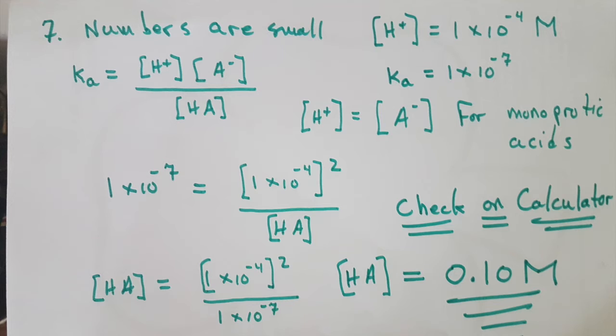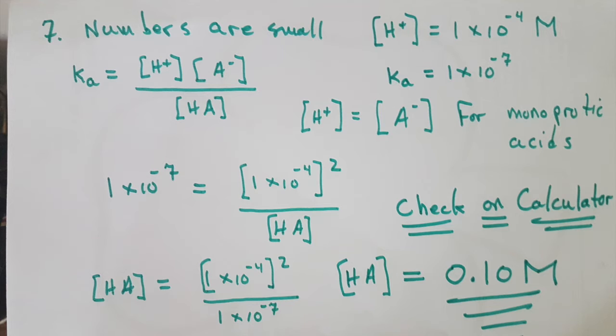So, you plug in, look at your equation. Ka equals H ion times anion divided by HA. Plug in 1 times 10 to the negative 7 for the Ka. Plug in 1 times 10 to the negative 4 for the H ion concentration. You can square that and then simply solve for HA.